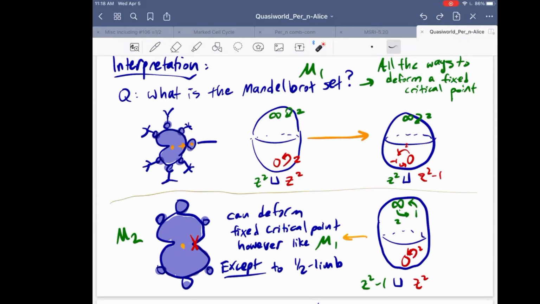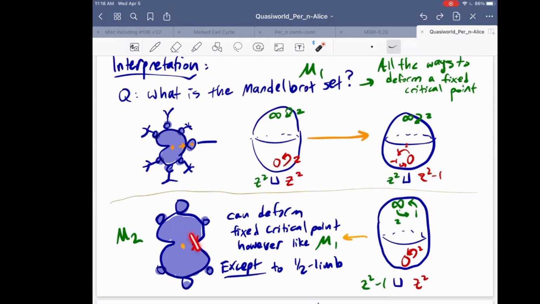So insofar as we're looking in Per_2, and now infinity is in a 2-cycle, the simplest such map is having the other free critical point be a simple fixed critical point. But then we can appeal to what the Mandelbrot set is: you can deform this simple fixed critical point however you would like, except that the Tan Lei mating theorem tells you that if you were to deform it into the 1/2 limb direction, if you were to have a rotation number 1/2 around the fixed point under a potential deformation, that would give you an obstruction.